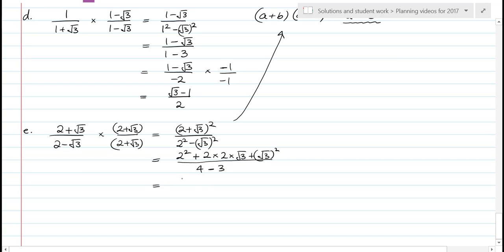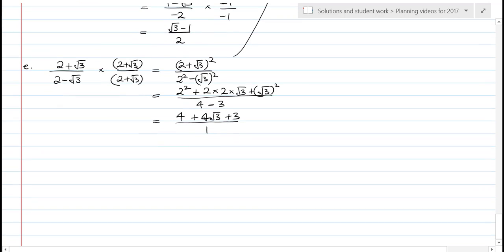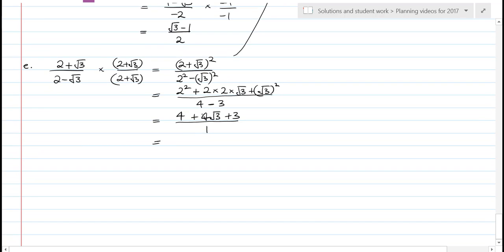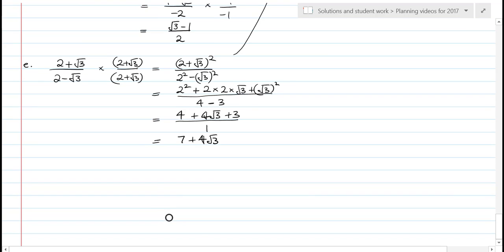And so this is now equal to 4 plus 4 root 3 plus 3 all over 1. 4 minus 3 is 1. And that, of course, is equal to 4 plus 3 is 7, plus 4 root 3. And convince yourself that this is equal to that. It's true. Trust me.